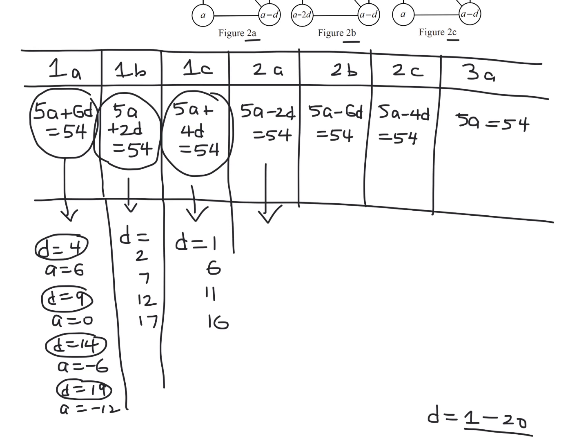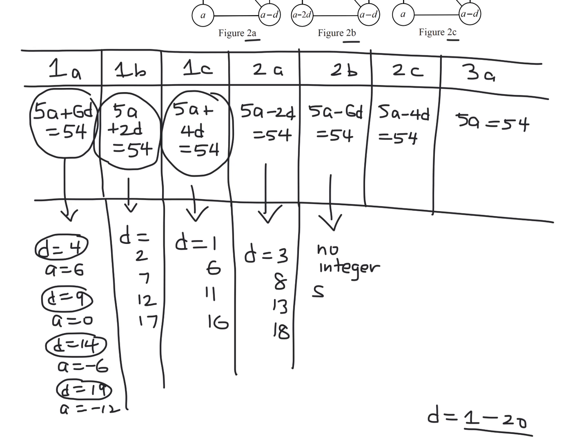For this one, the integer solutions are when D equals 3, 8, 13, and 18. This one gives no integer solutions. This one also gives no integer solutions. And the last one also gives no integer solutions.